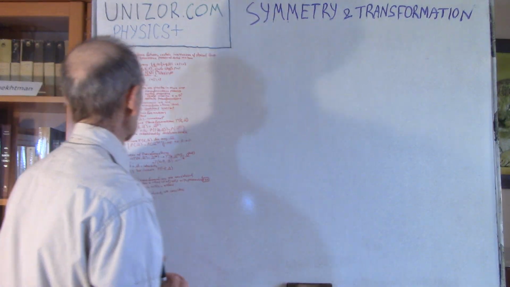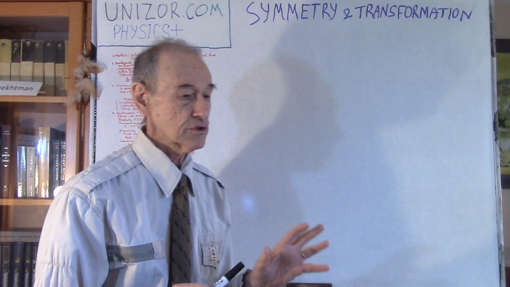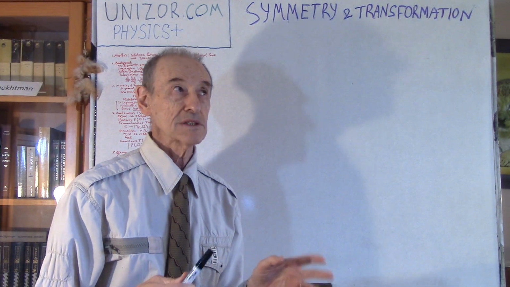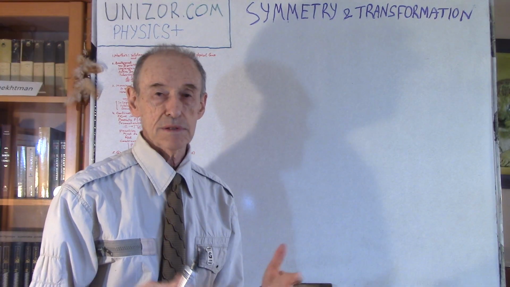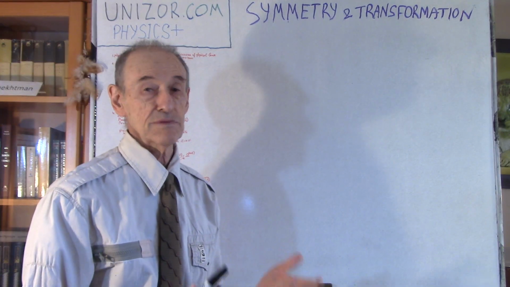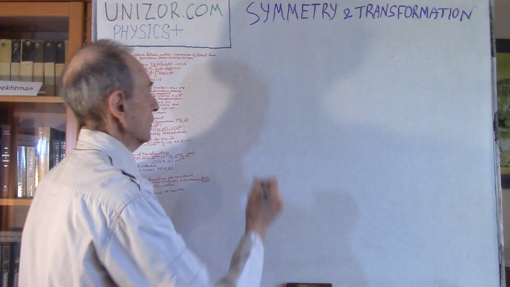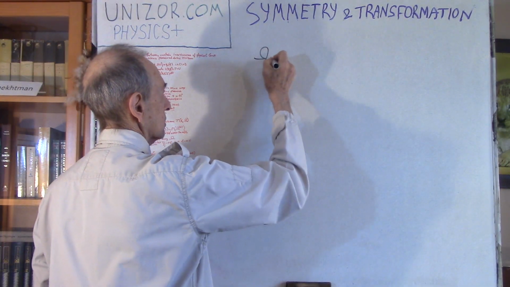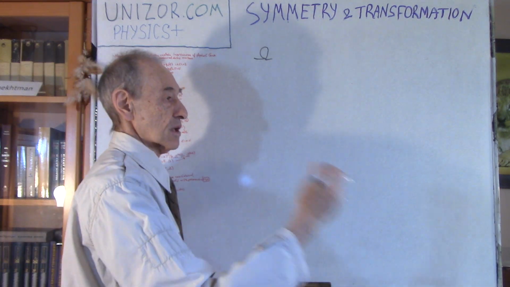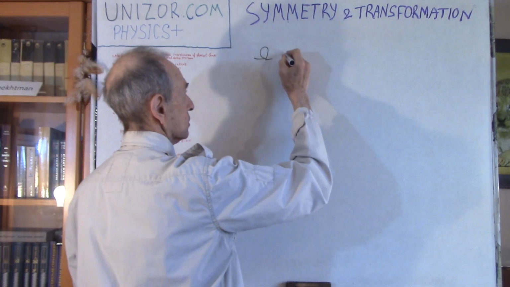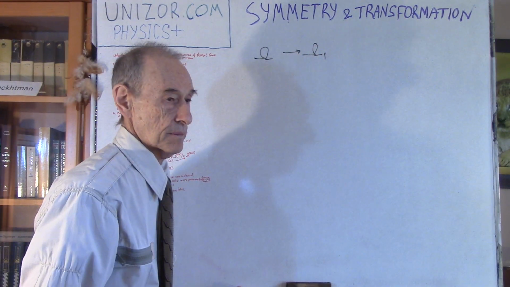Okay. Next, let's try to mathematicize this concept of transformation. Now, what is transformation? Well, if you have a certain object, a mechanical system, let's call it omega, it's transformed into another object, Q1, whatever.